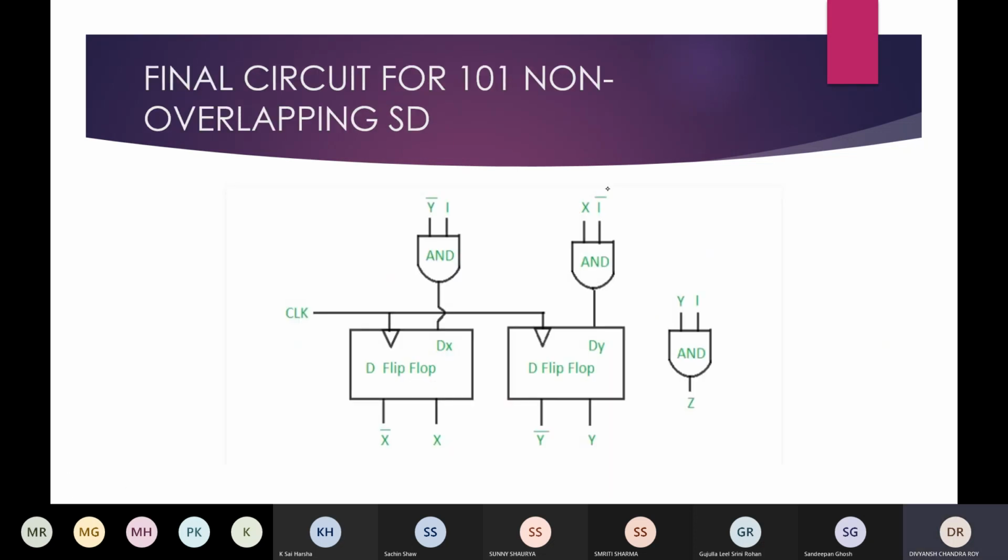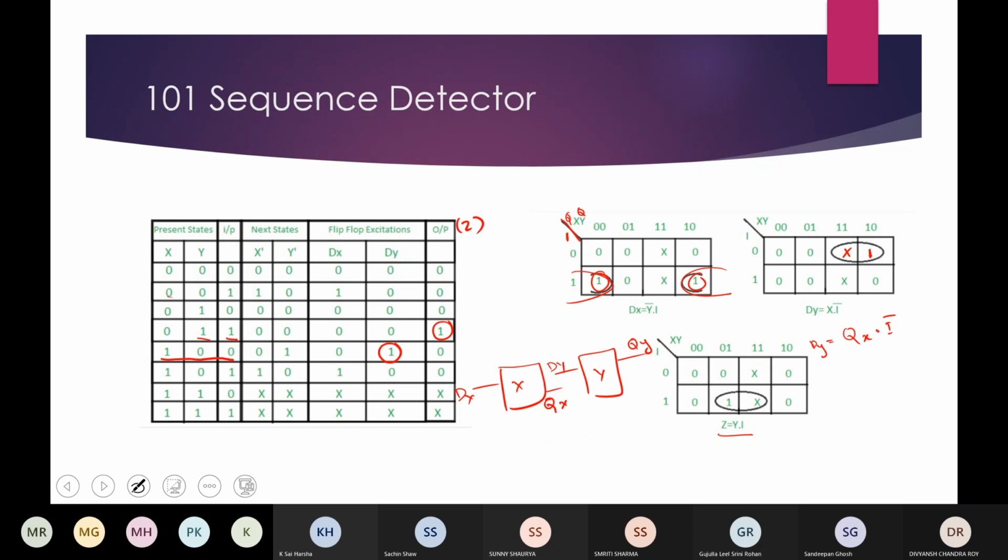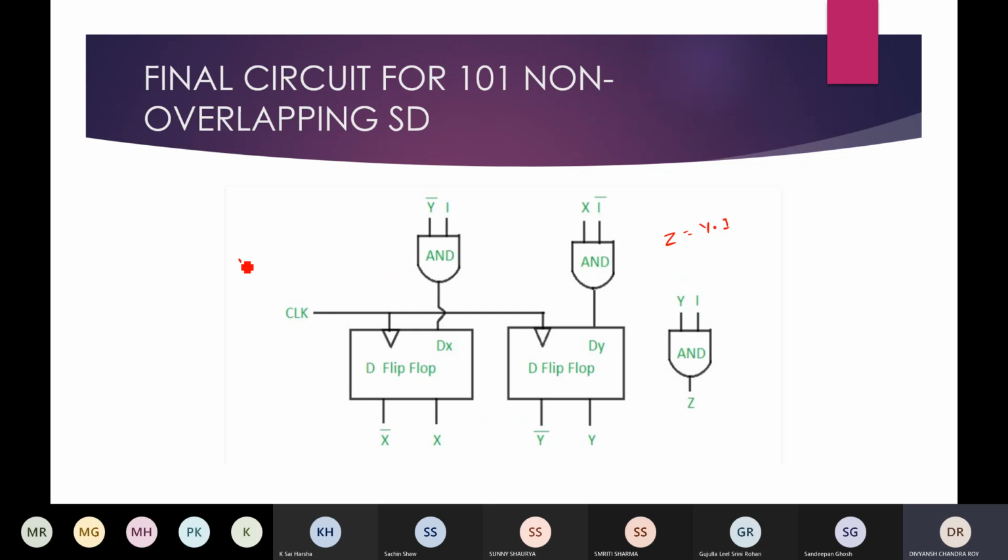If you take from the previous equation, my output z was y and I, that is written here, and dx was y bar I. dx was qy bar and I. So dx is the AND of input I and y bar, and that is passed to dx.